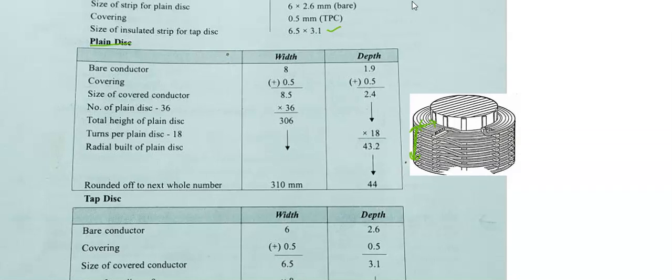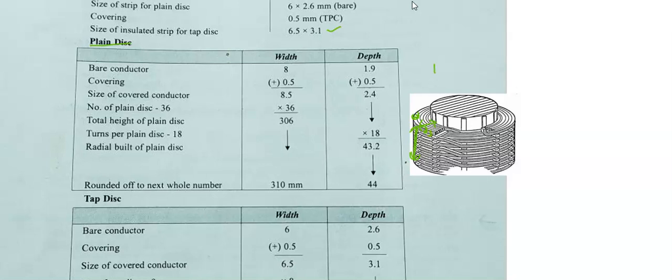Okay. Now see, bare size is 8 mm and depth is 6. This thickness they observed, this is the conductor size thickness, it is 1.9, and 8 is this width. Okay.